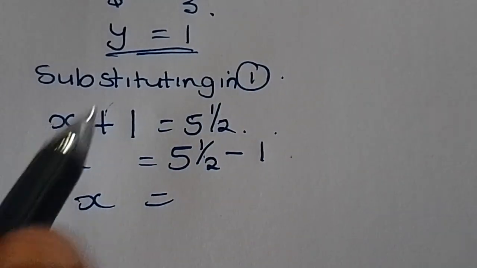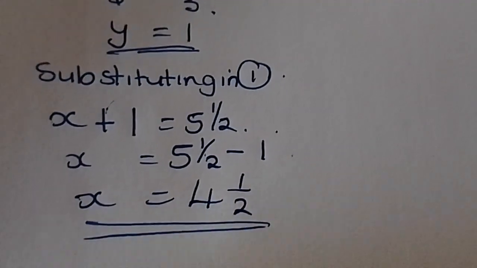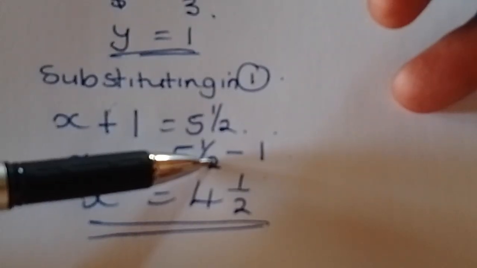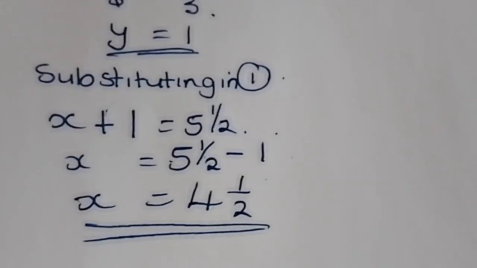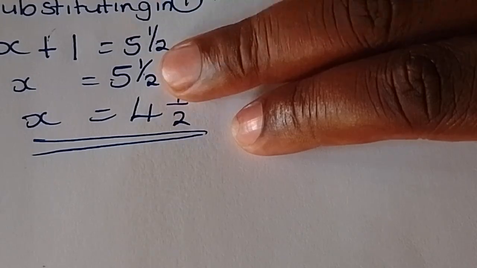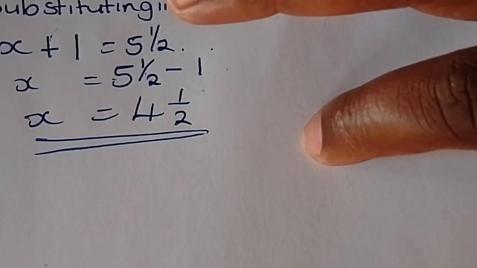It's 4½. It's just like we have 5 loaves and a half loaf. Then subtract 1 loaf. What do we remain with? It's 4½. So x is equal to 4½, y is equal to 1.